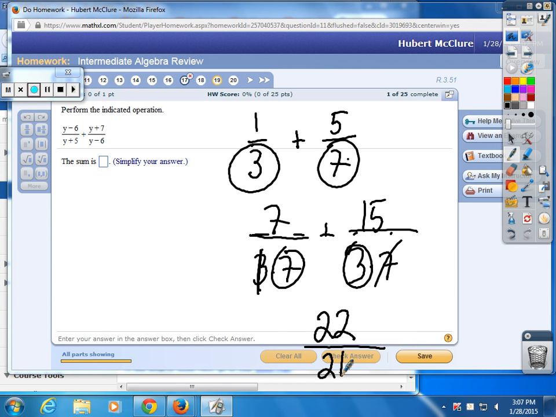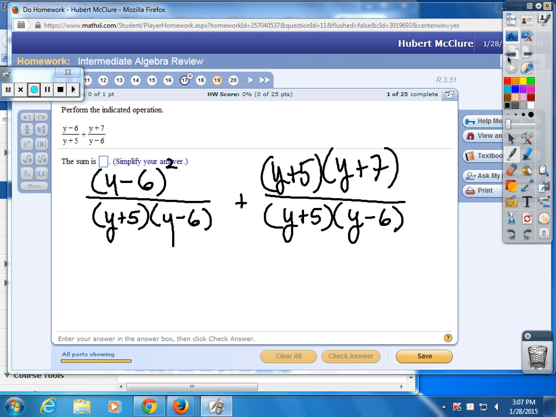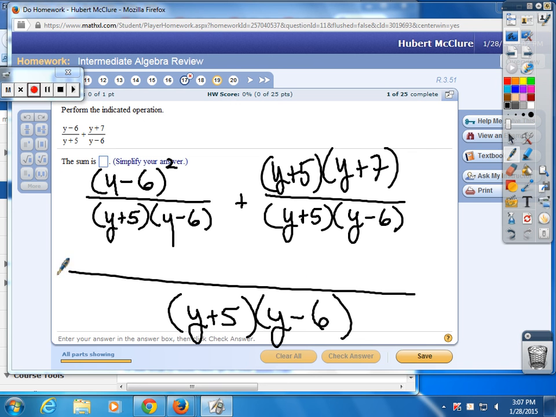I'm telling you this not to insult your intelligence; you've been doing this all your life. Take these two numbers, you get a common denominator, and then they come down as 1. So what is this one going to come down as? Y plus 5 times y minus 6. And what's your numerator going to be? A whole buttload of stuff to do it.